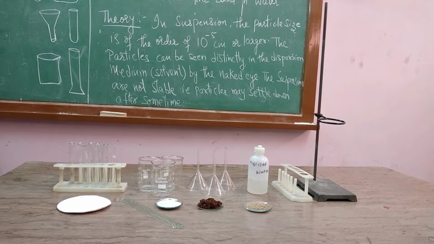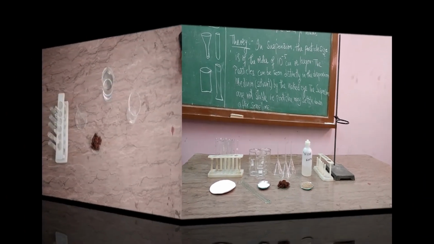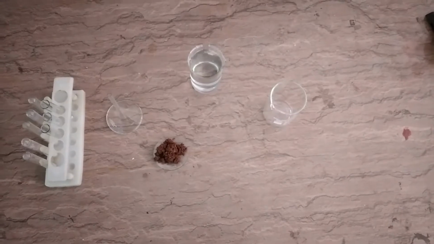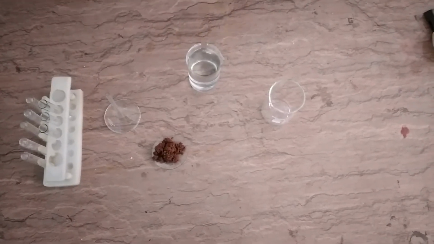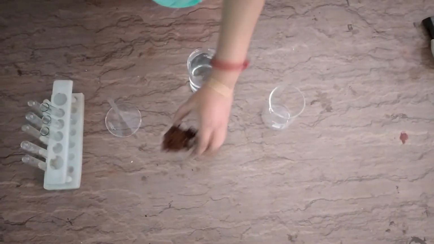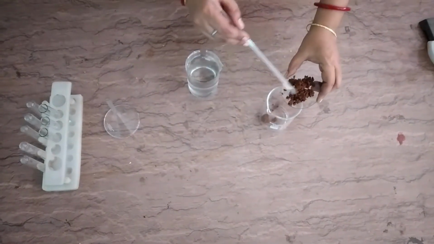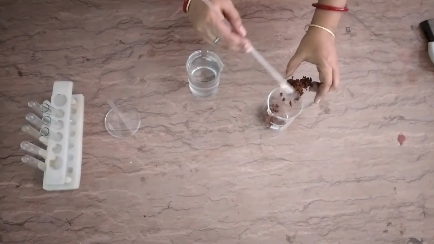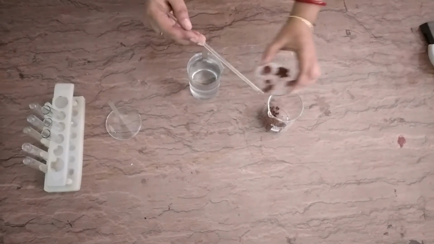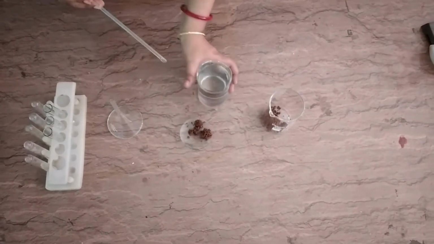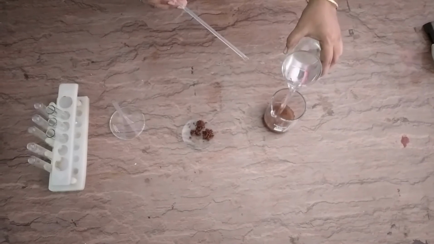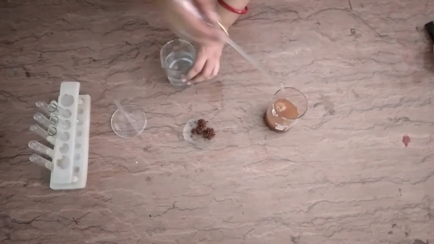To begin with, let's begin children. We will take a small amount of soil in a beaker and add distilled water in it and stir it.